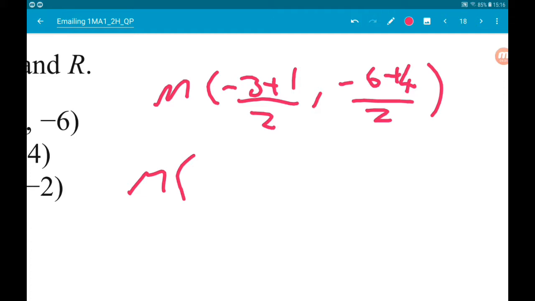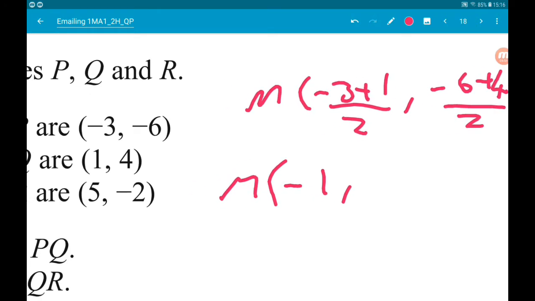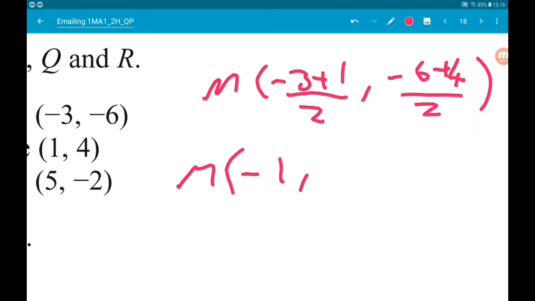Well, -3 add 1 is -2. Divide that by 2 is -1. And then -6 add 4 is -2. So again, -2 divided by 2 is -1. So the coordinates of M are -1, -1.